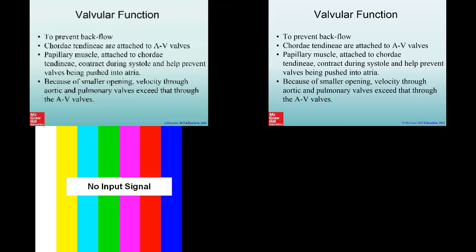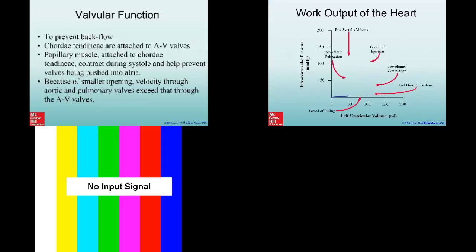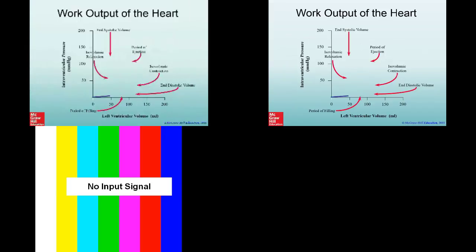Because it's a smaller opening, the velocity through those valves going into the arteries is going to be a little bit faster, because you've got a narrower opening to push the blood through. If you go into cardiology, that'll be interesting. We can talk about that velocity, and you can actually hear differences in velocity of flow through valves.